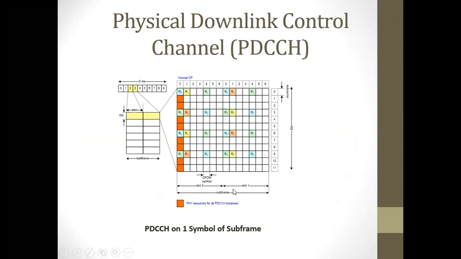See, when we showed the time frequency grid, some of the resource elements are marked with different colors, and they are marked R0, R1, R3, R2. Well, these resource elements are not used for any useful data transfer.